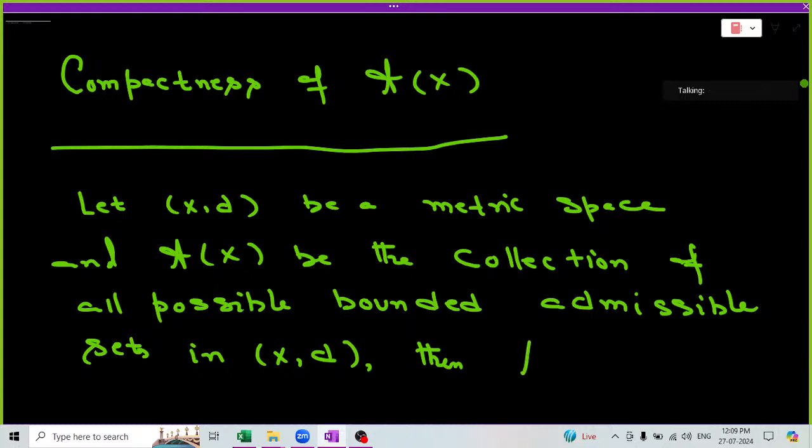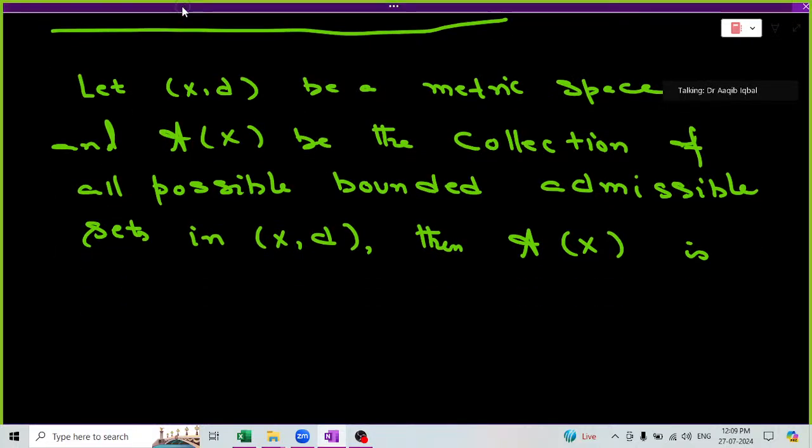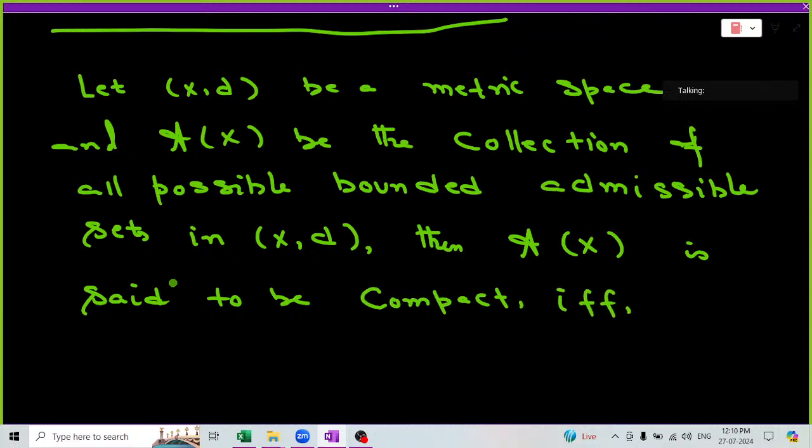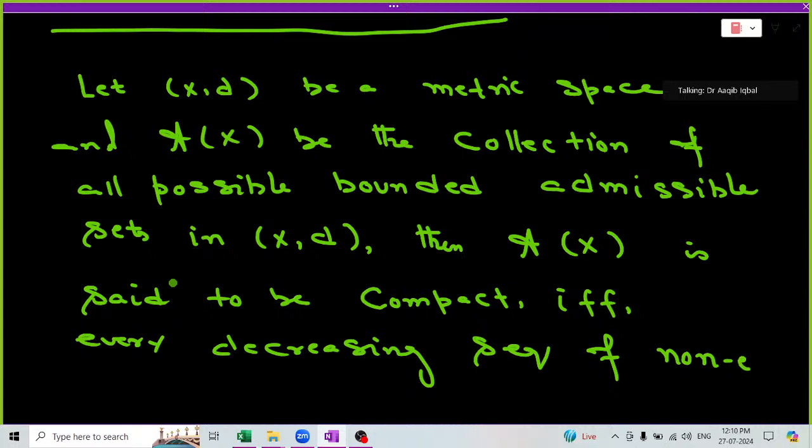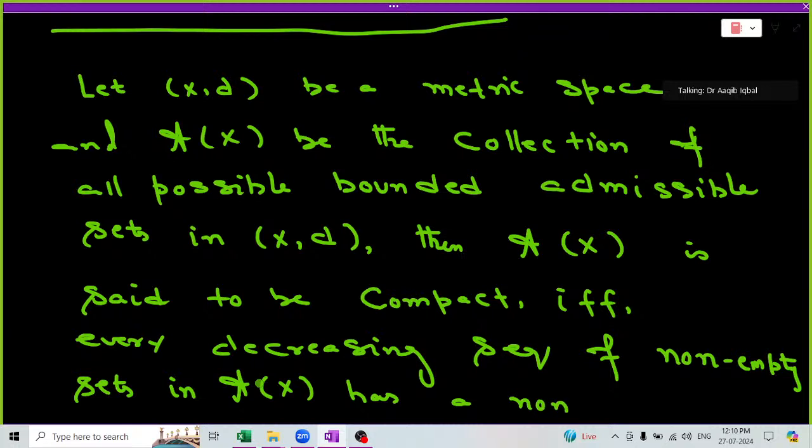Then this collection script AX is said to be compact if and only if every decreasing sequence of non-empty sets in AX has a non-empty intersection.